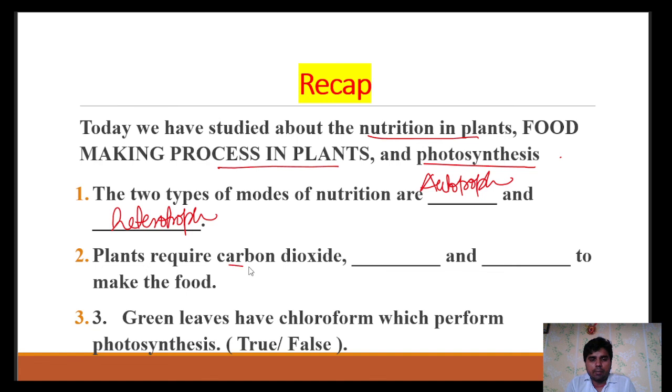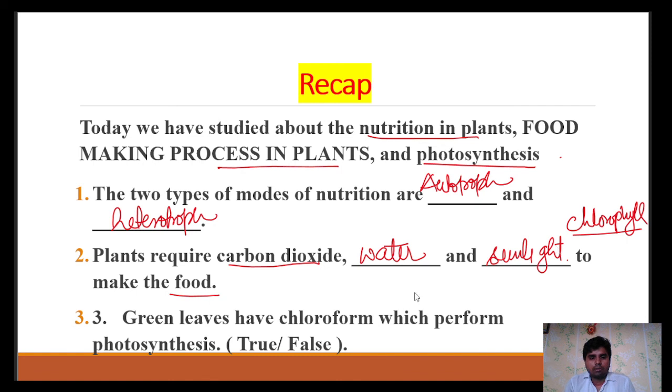Plants require carbon dioxide, dash and dash to make their food. Who will tell me? Carbon dioxide, water, sunlight, and one thing more, chlorophyll.